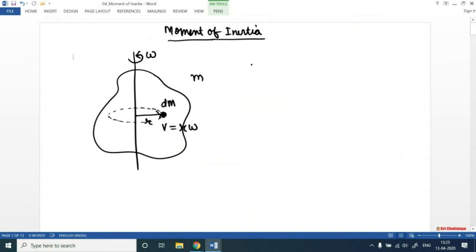So the kinetic energy of this element, dk, will be half dm v square, and writing v as r omega, this becomes half r square omega square dm.